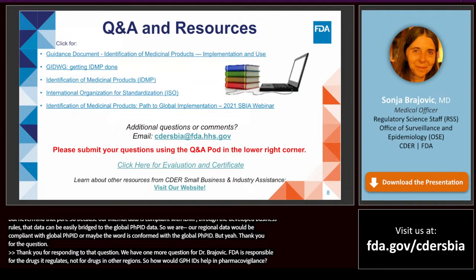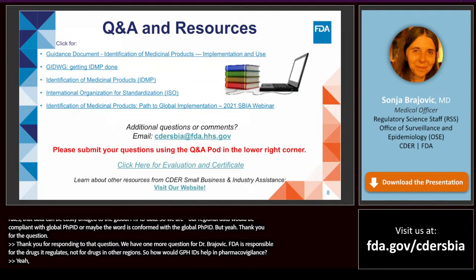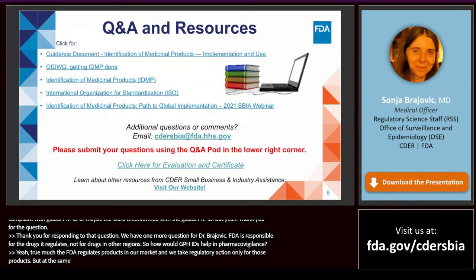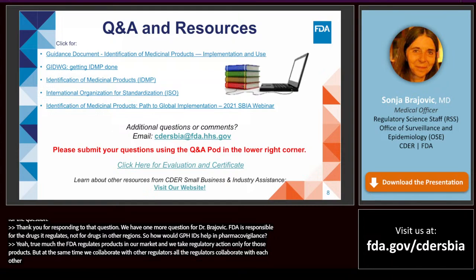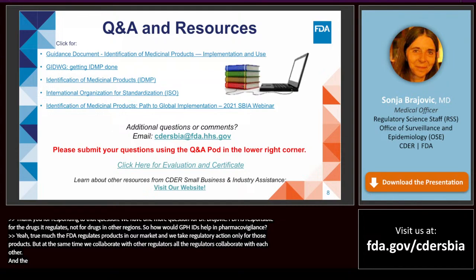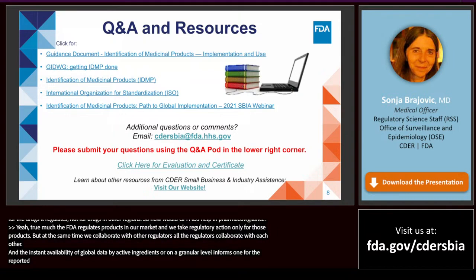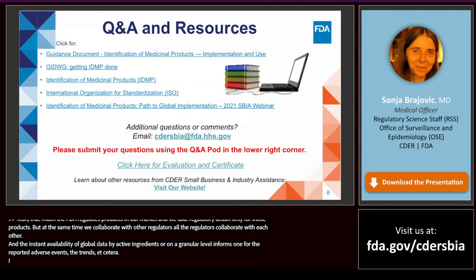Okay. So, yeah, true. The FDA regulates products on our market, and we take regulatory action only for those products. But at the same time, we do collaborate with other regulators. All the regulators collaborate with each other. And instant availability of global data by active ingredients or at any more granular level really informs one for the reported adverse events, the trends, etc. Today we will look into data in Vigibase as needed.